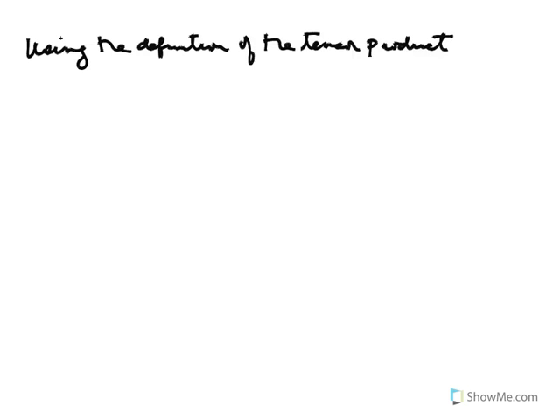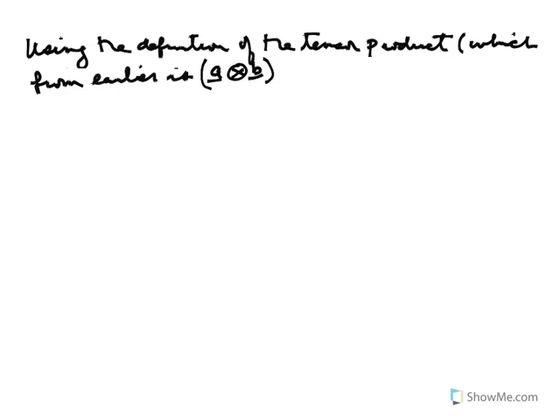So, using the definition of the tensor product, which is from earlier, is that A circle cross B applied to C is equal to B dotted with C times A. We have the following.